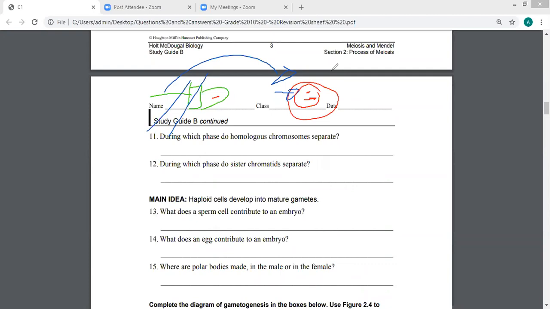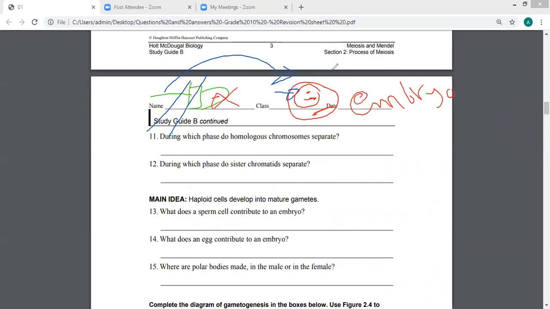So now the embryo gets DNA from both parents, still the organelles. So the organelles will come from the egg, not from the sperm.